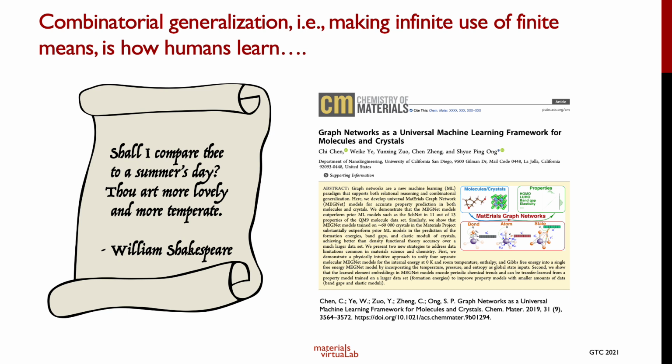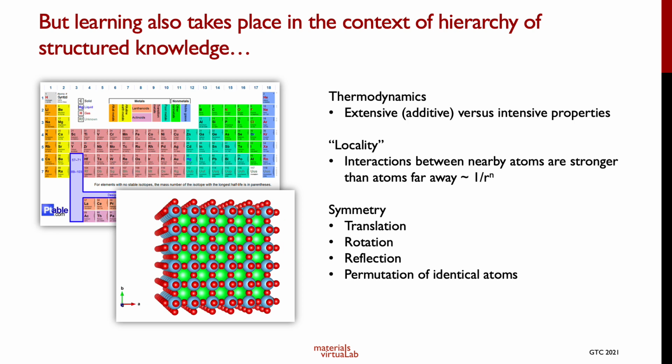In the context of developing new materials, we do combinatorial generalization by essentially thinking about, given a certain crystal structure prototype, what sort of elements can we swap for each other to develop potentially new materials, right?